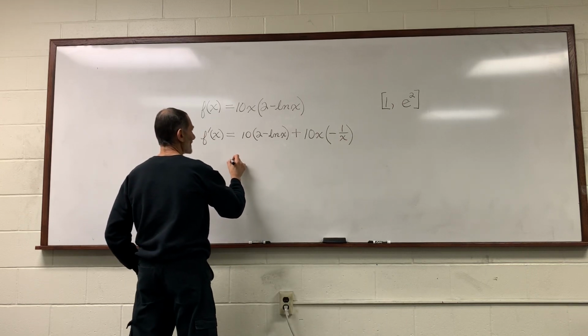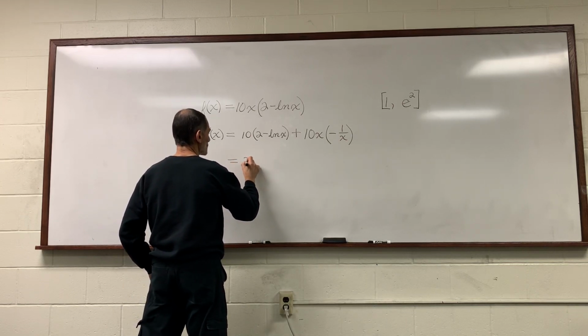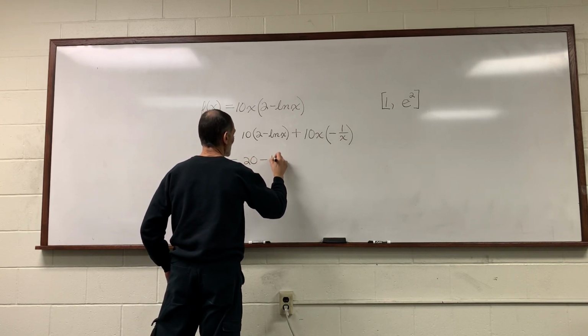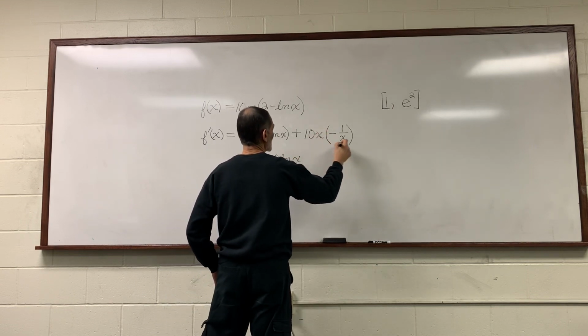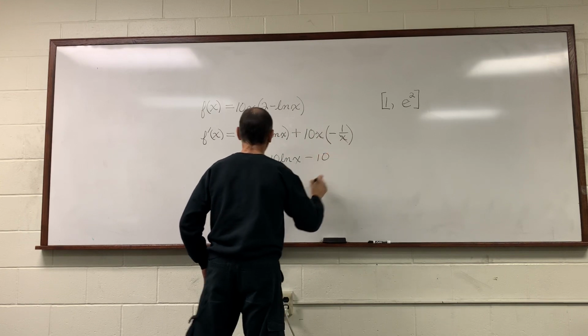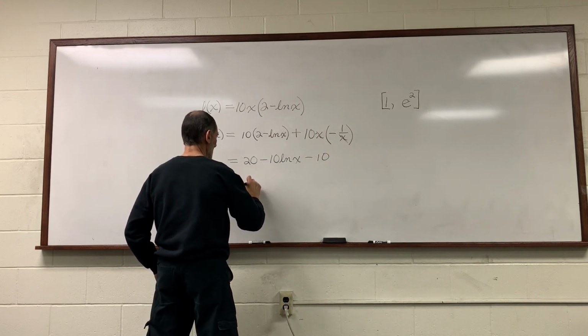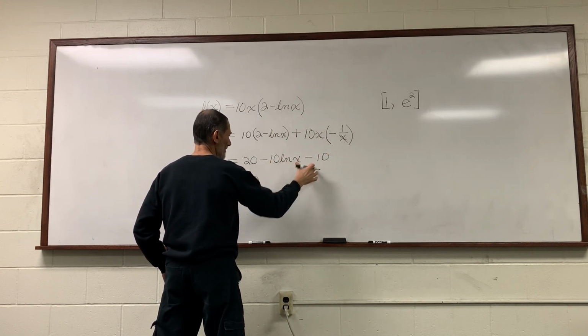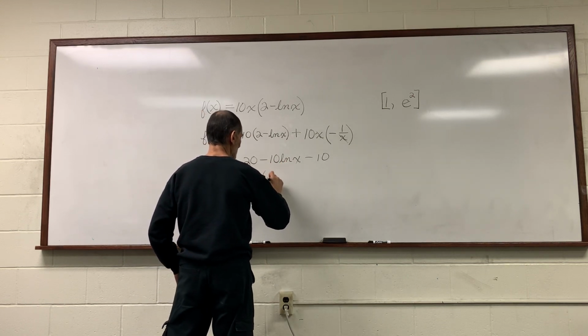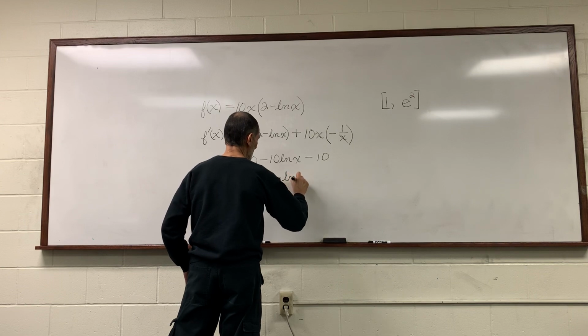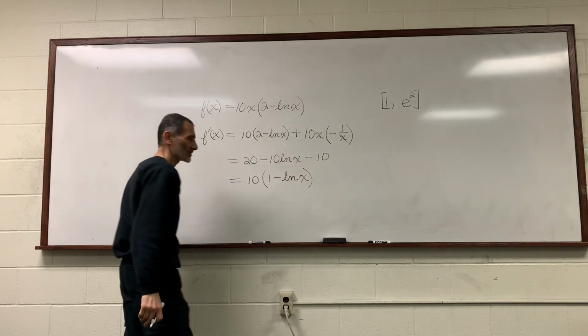Let's simplify that, and we'll have 20 minus 10 ln x. The x's cancel, minus 10, so 20 minus 10 minus 10 ln x, so we can factor out a 10: 10 times 1 minus ln x.